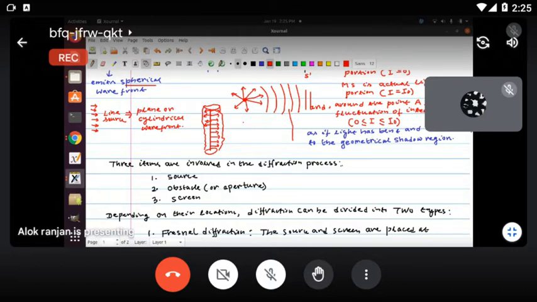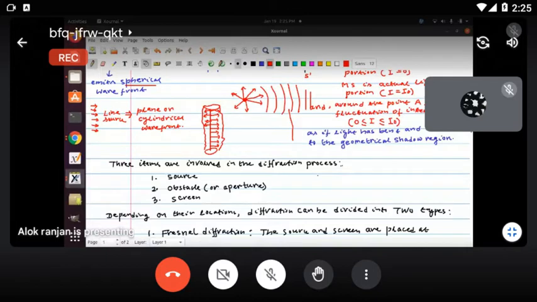But for now, remember that it will have a spherical or cylindrical wavefront if an observer is observing very close. If an observer is standing very far away from the source, either a point source or a line source, he or she must observe a plane wavefront rather than a spherical or cylindrical wavefront.